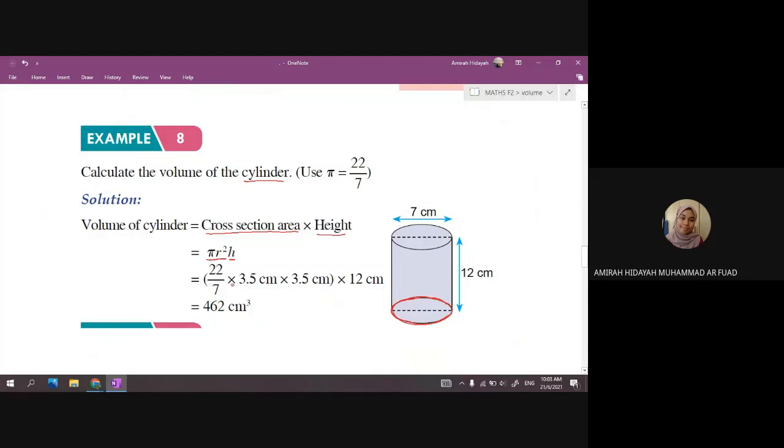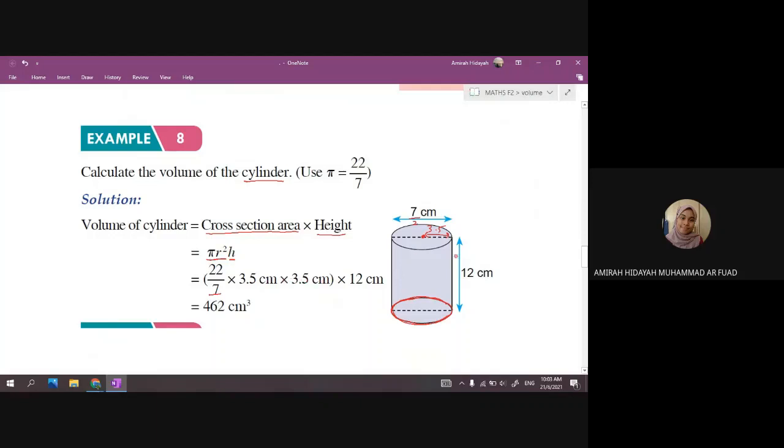So just plug in the value ke dalam formula ni. So pi 22/7 and then r square. R dia radius. So 7 divided by 2 you will get 3.5. So 3.5 square, 3.5 times 3.5 lah maksudnya.